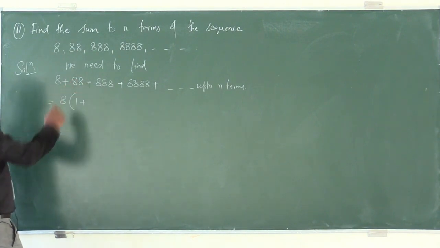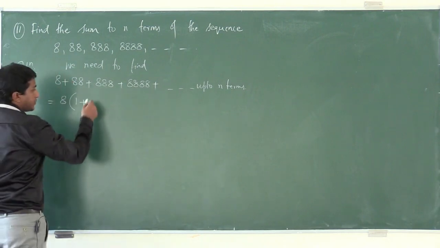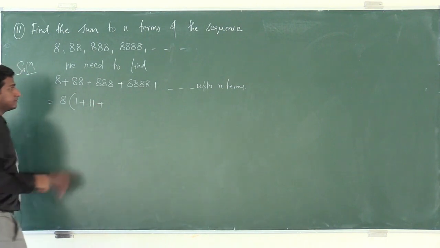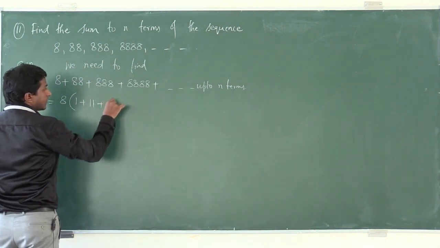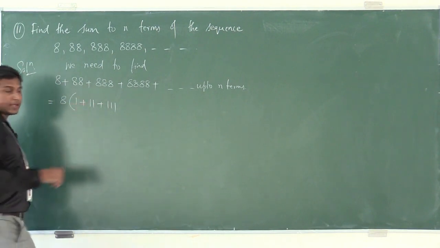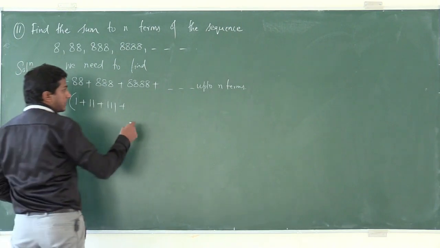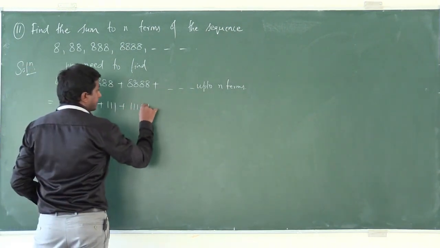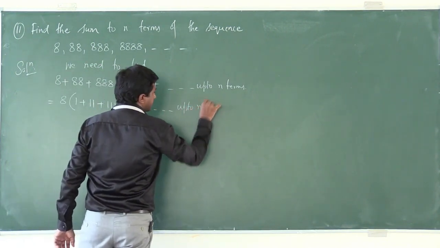Taking 8 common from the second term, 88, we are left with 11 plus. From the third term, we are left with 111 plus. From the fourth term, 1111 plus, and so on up to n terms.